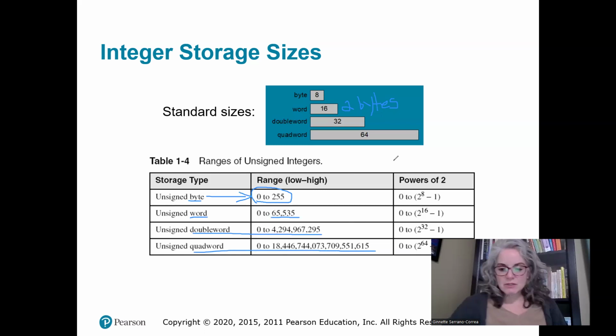So eventually you're going to know 0 to 255, just because we're going to be using byte storage sizes a lot, and you'll see this over and over again.